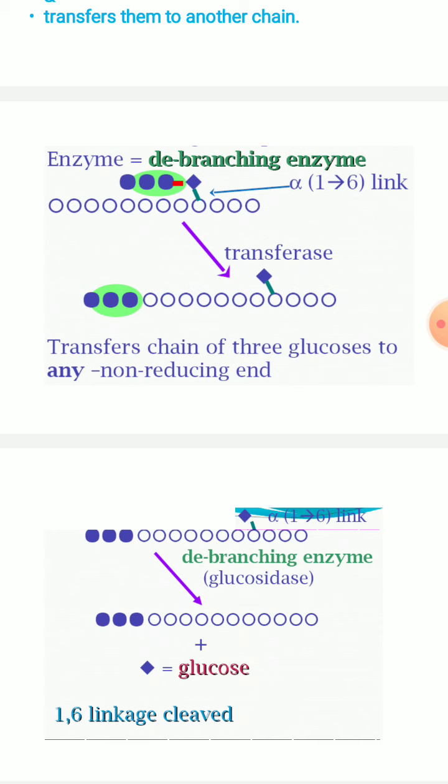Now you can see the debranching enzyme, that is glucosidase, acting at the alpha 1,6 link position, which helps in the removal of the glucose molecule. At the branch point, the 1,6 link, after the 3 glucose residues have been transferred, the remaining residue is acted upon by the enzyme glucosidase.